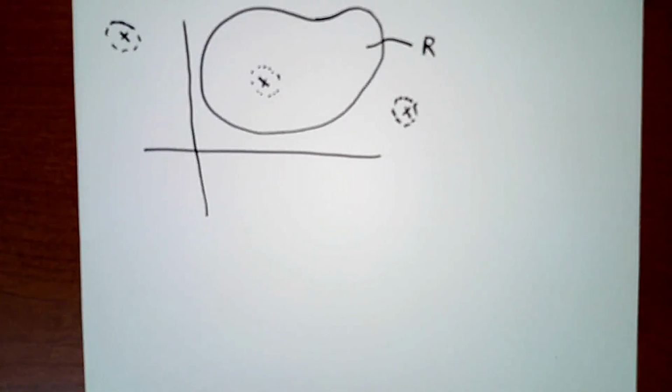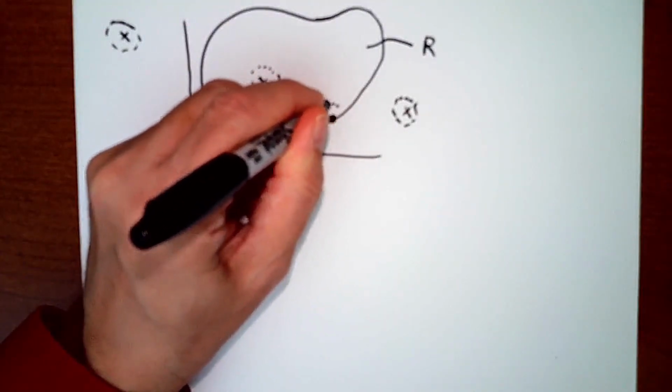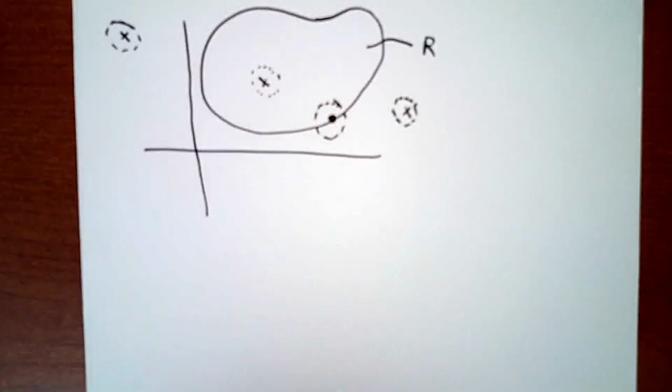And just as with the Calc 1 case, there are points where every disk centered at that point contains both points of the region R and points that are not in the region R. As before, we'll call such places boundary points.